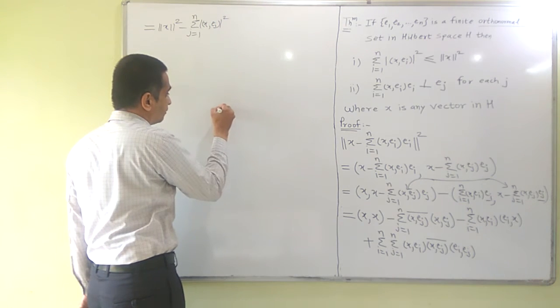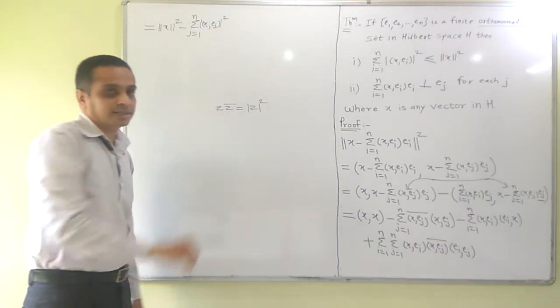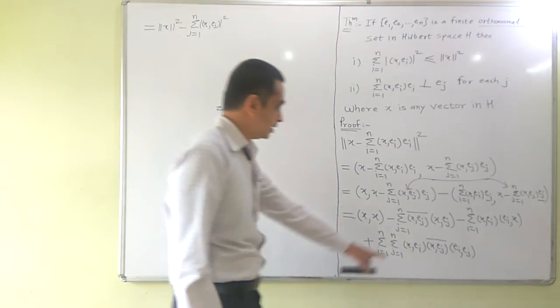Which property of complex numbers are we using? z times z conjugate equals mod z squared. This property we are using.